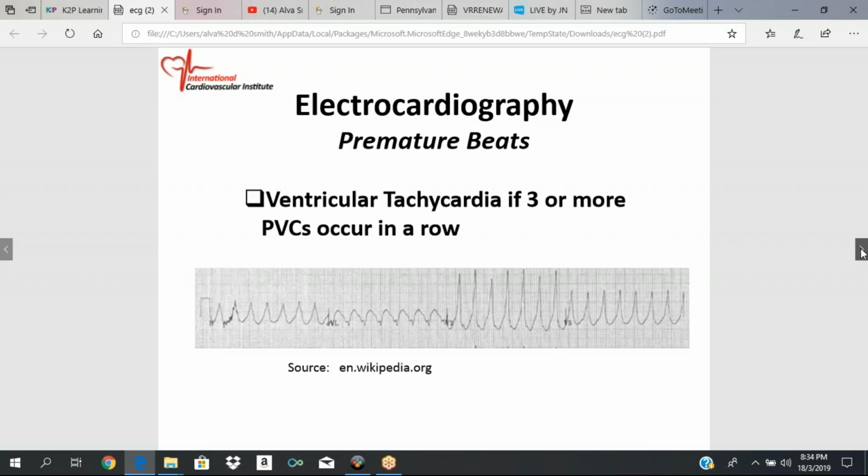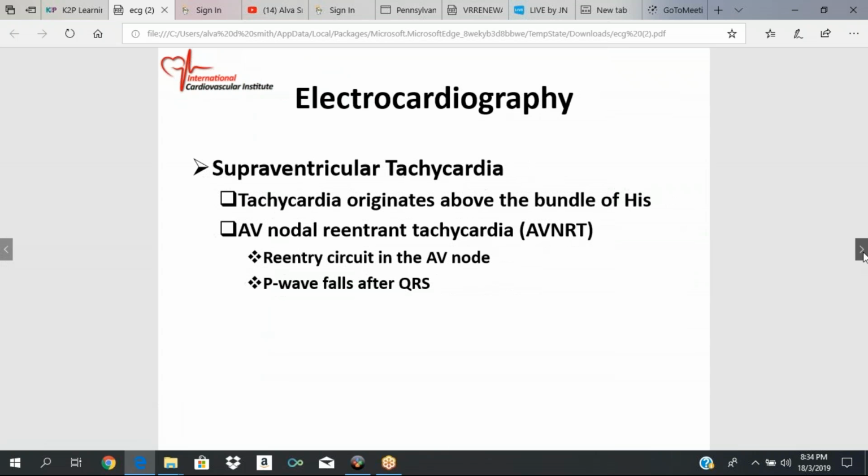Then when we talk about a ventricular tachycardia, that means the rapid beat is coming from the ventricle. But the definition for a ventricular tachycardia is three or more PVCs that occur in a row. That is the classic definition. Three or more PVCs that occur in a row is ventricular tachycardia.